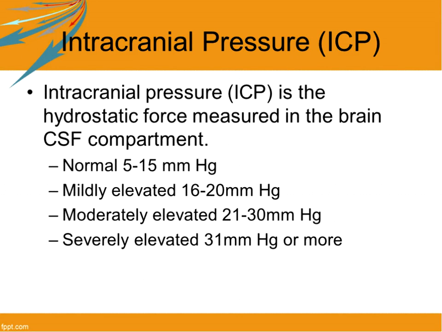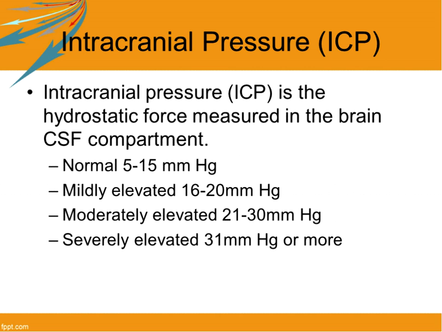Then, moving on, this slide kind of reinforces that general statement that I said. Now, ICP can be measured in the ventricle, the subarachnoid space, the subdural space, the epidural space, or brain tissue using a pressure transducer. The normal range for intracranial pressure is 5 to 15, okay?